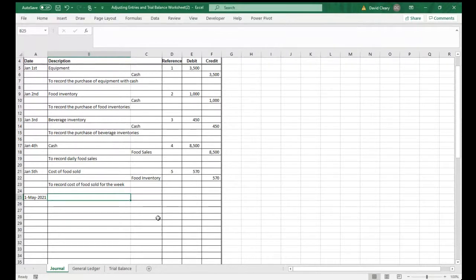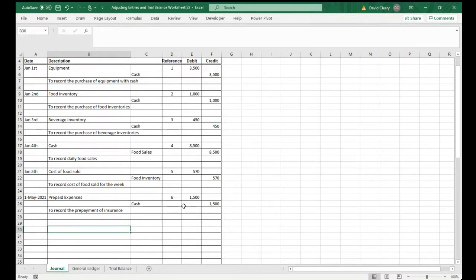The debit entry here was prepaid expenses. We'll give it a reference number of 6, and the debit, I believe, was $1,500. Then we were crediting cash by $1,500, and then we're just going to put to record the prepayment of insurance. There we go. So that one's done.